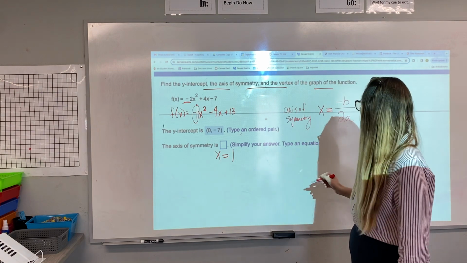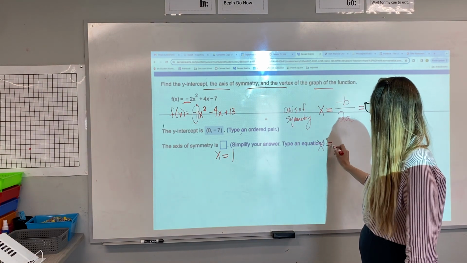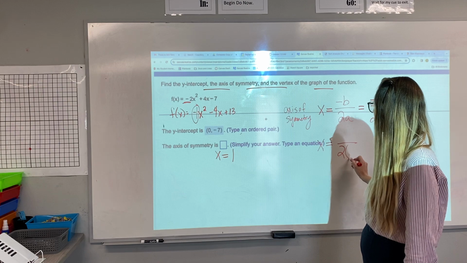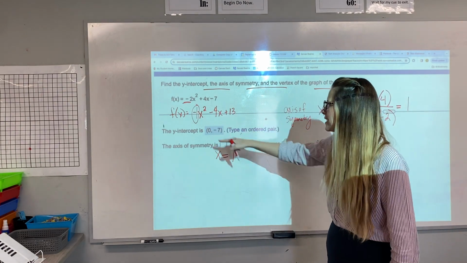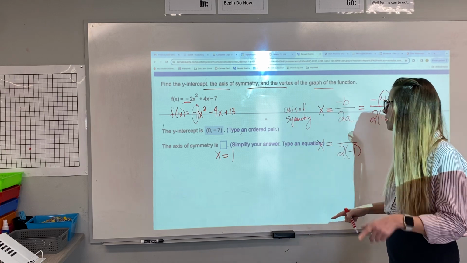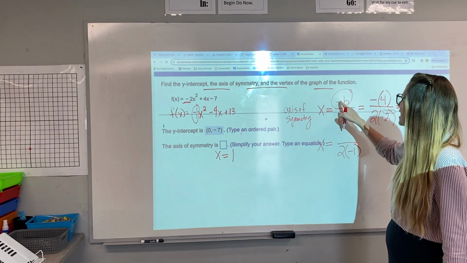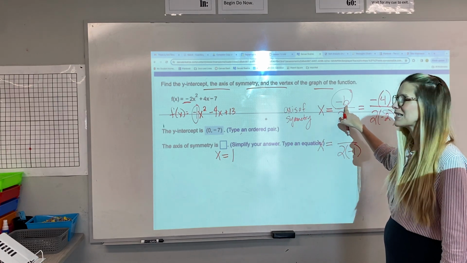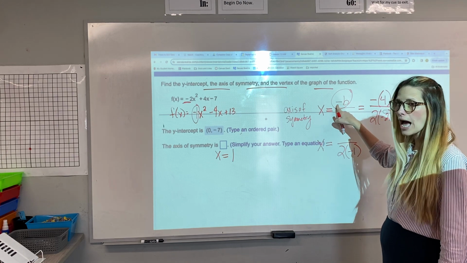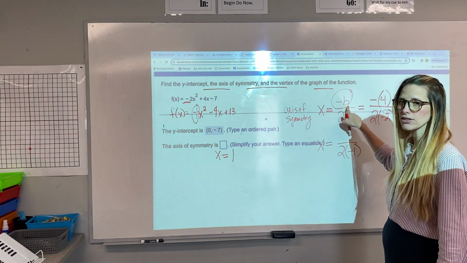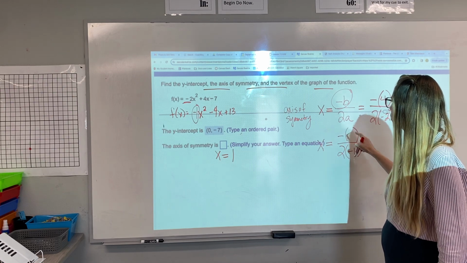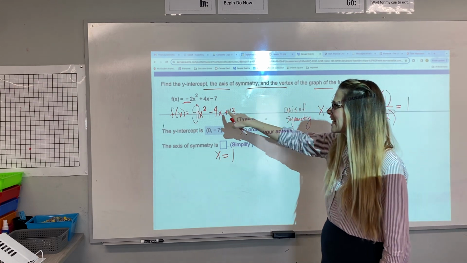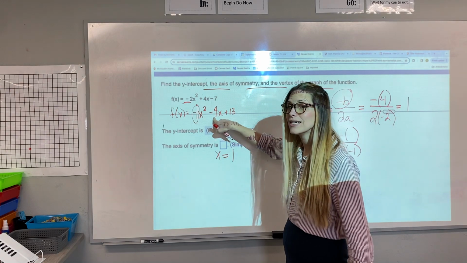Plugging in the -1? So for yours, in your denominator, it'd be 2 times -1. And then your b is a -4. Now this is also tricky, because the formula says it has to be negative b, which means negative times your b value, which is also negative.